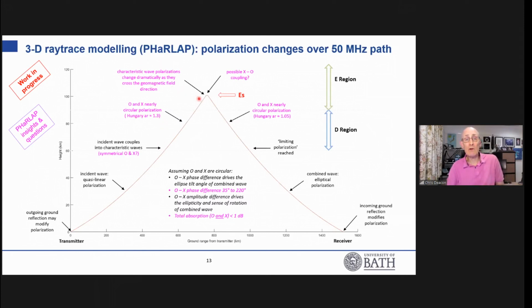The polarizations change dramatically. I think there's a possibility of coupling between X and O up here, and then Parlap is quite good at predicting the range of phase differences that we see, but the absorption is not the answer because they're both very low and roughly the same, or very close to each other.